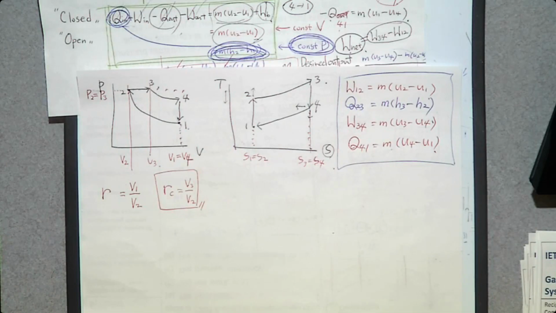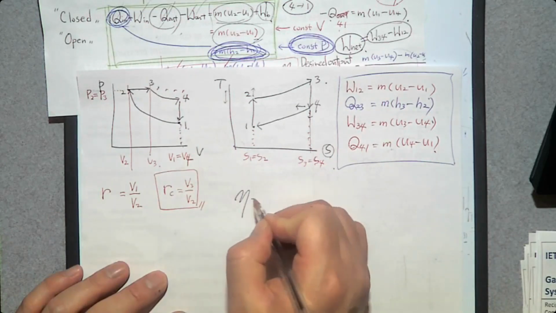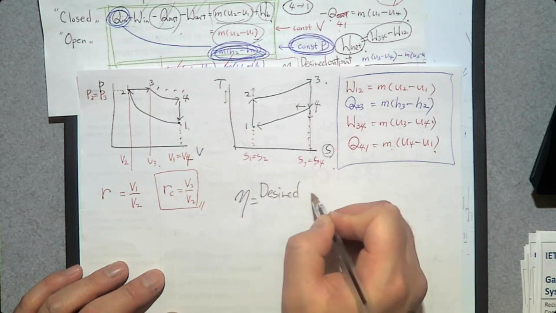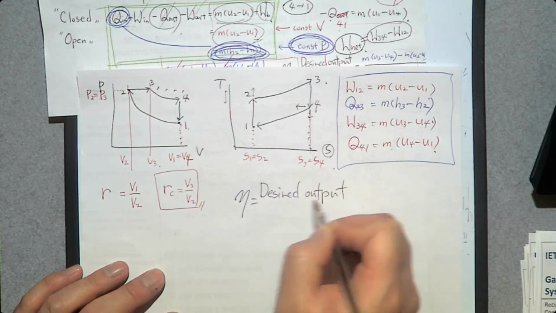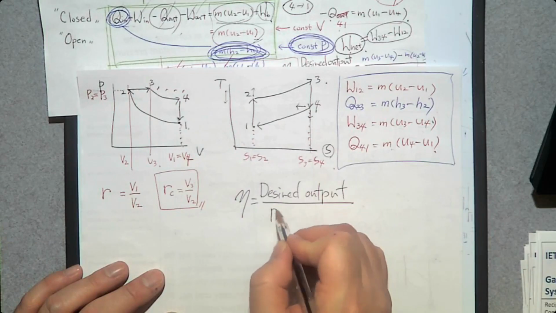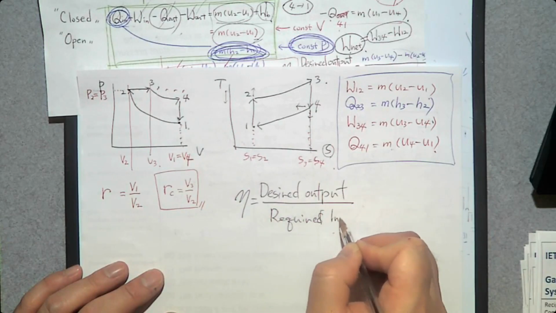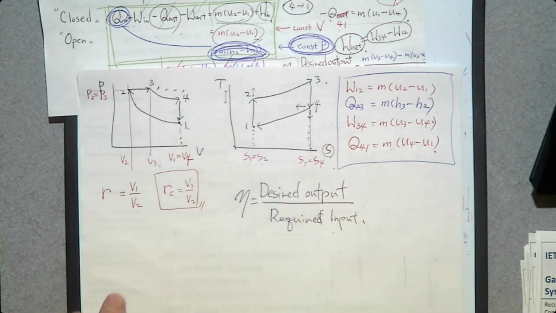Then, how can you determine the thermal efficiency? The thermal efficiency can be determined by the desired output over the required input. So what is the desired output?